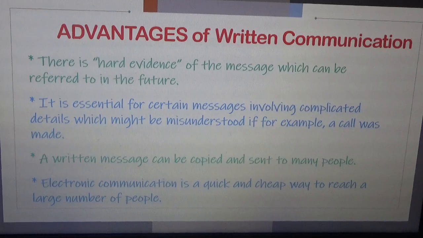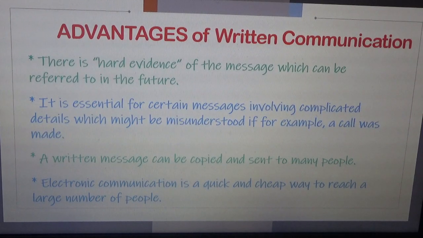We have the advantages of written communication. The first point is there is hard evidence of the message which can be referred to in the future. This should help to reduce disagreements between the sender and the receiver about the contents of the message.